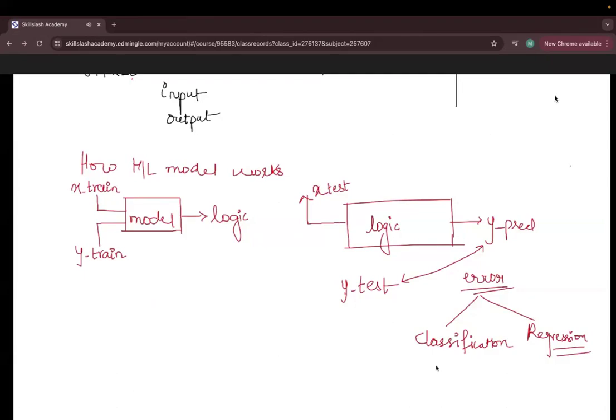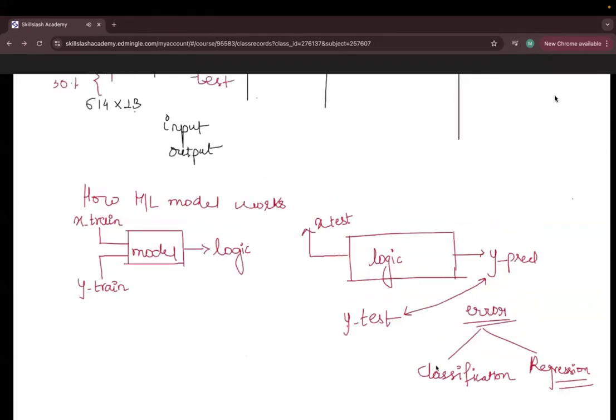Now look into this and let me know. Why am I telling you all of these things first? What is the reason behind that? Because if I do not teach you, you will not understand what I am putting inside the model, what we are getting, why we are using y-test and why we are judging the difference between y-test and y-pred.